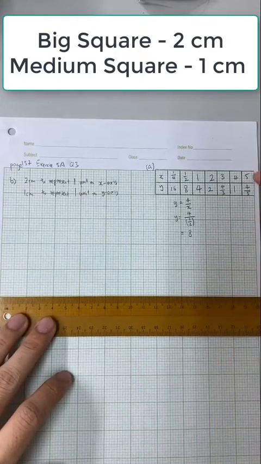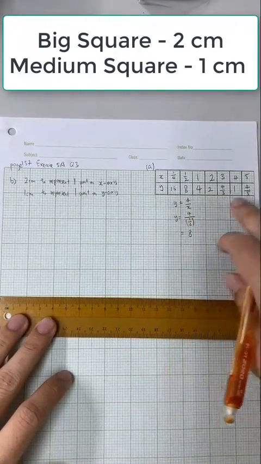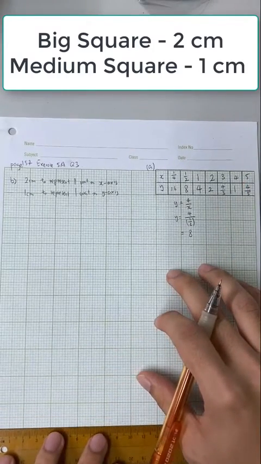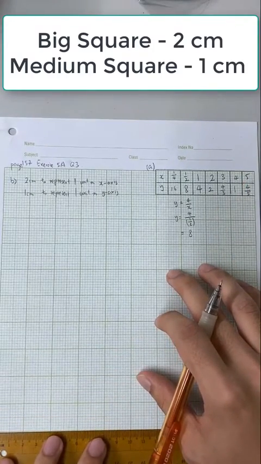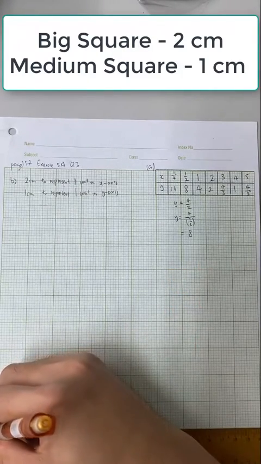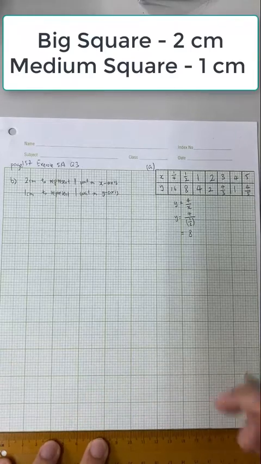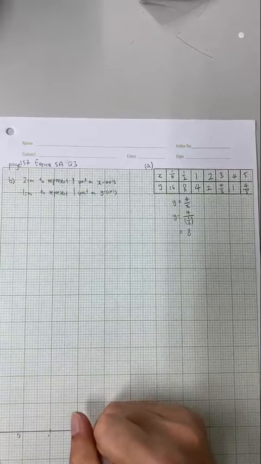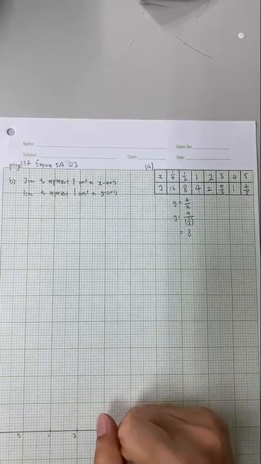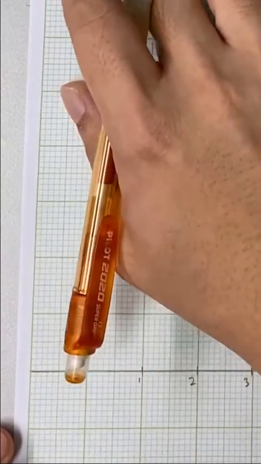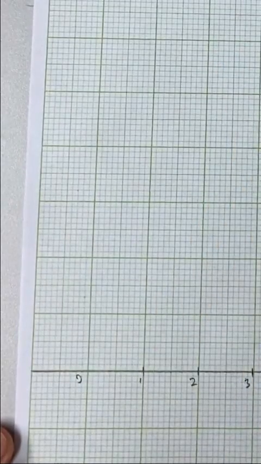So since the graph is mostly all positive, we can just draw the axis as like that. Okay, we'll have 0 here, 1, 2, 3, 4, and 5.